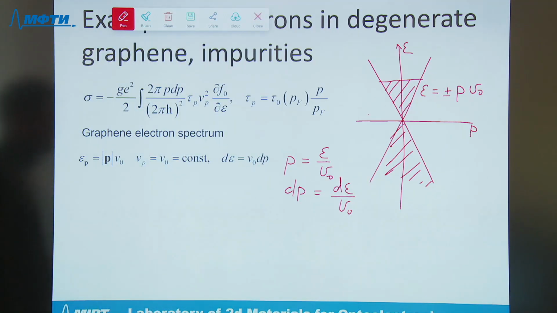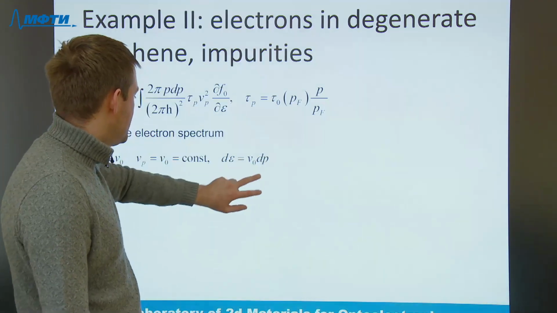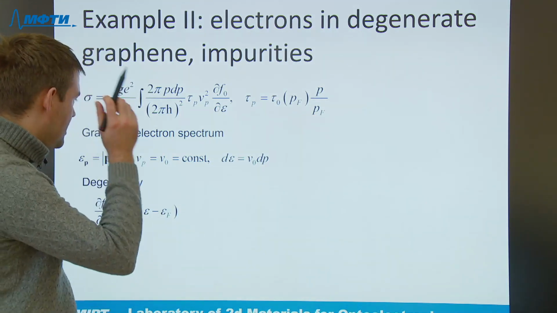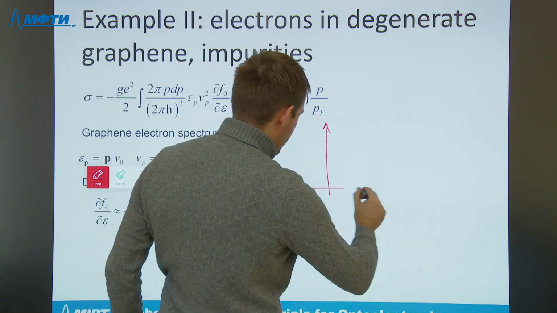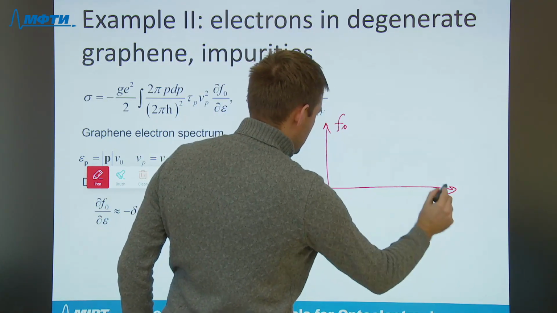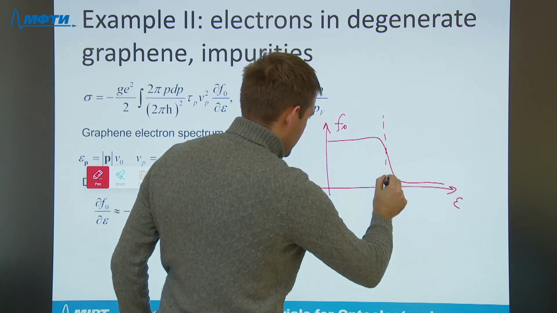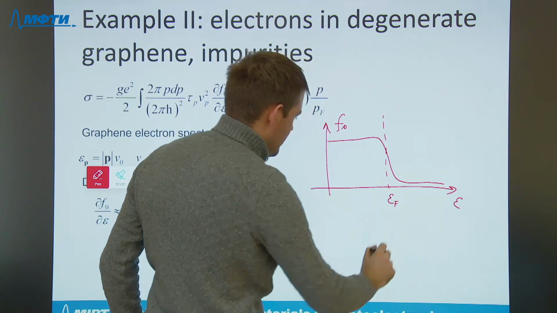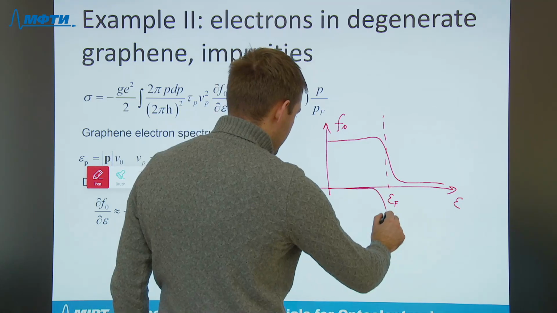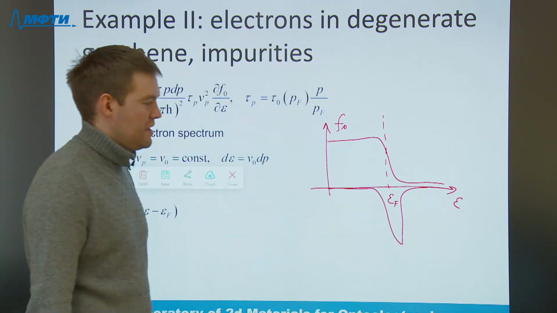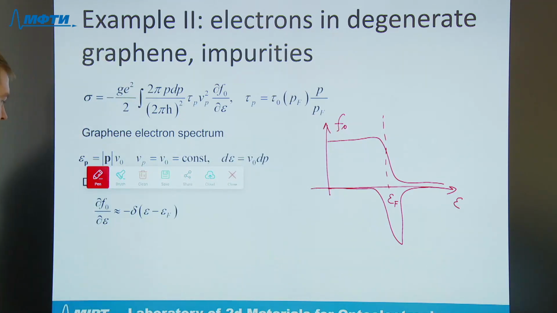What about the distribution function? We approximate it in a different way. If the distribution function looks like a Fermi function, then it looks like a step with a cusp at the Fermi energy, and its derivative looks like a minus delta function, because this derivative is non-zero only in a narrow region in the vicinity of the Fermi level.